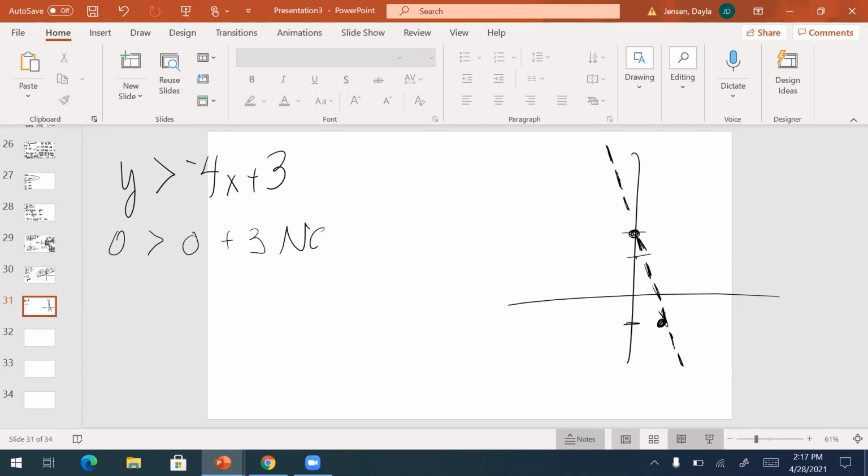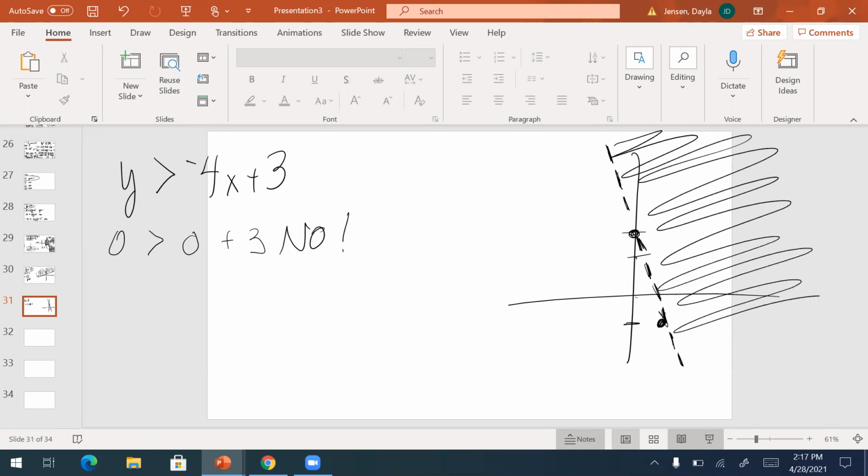No, it's not. That means that this point is not in the solution set, so everything on the other side must be. So there's the solution set to that linear inequality.